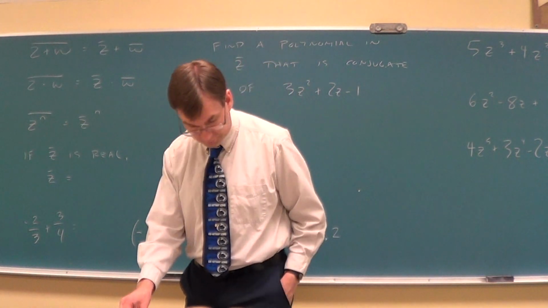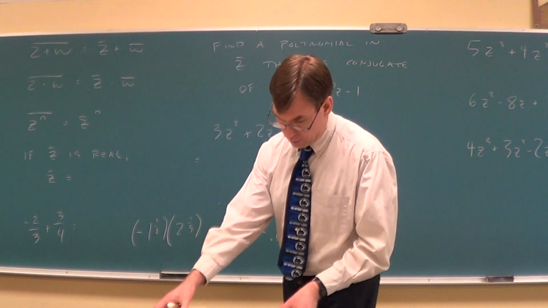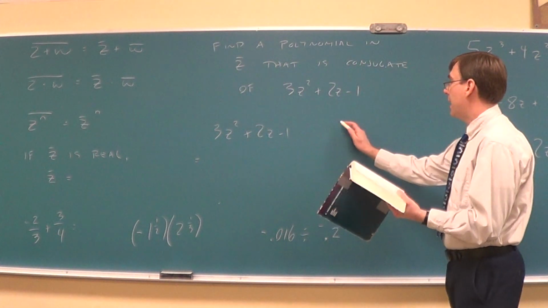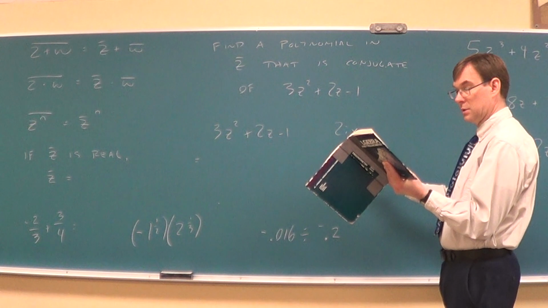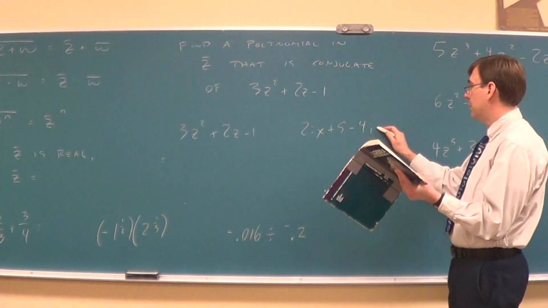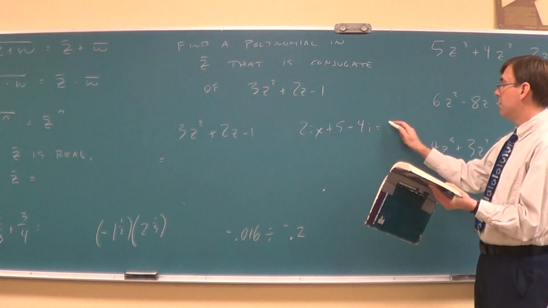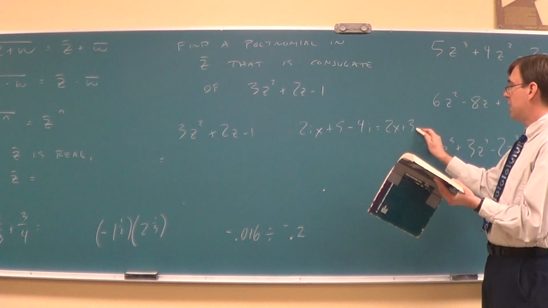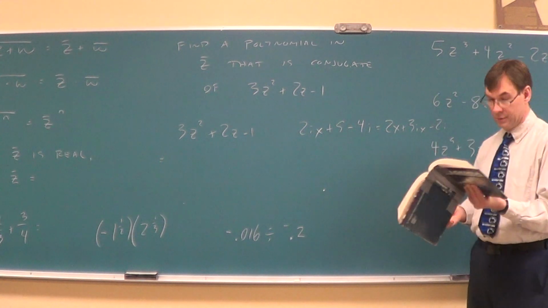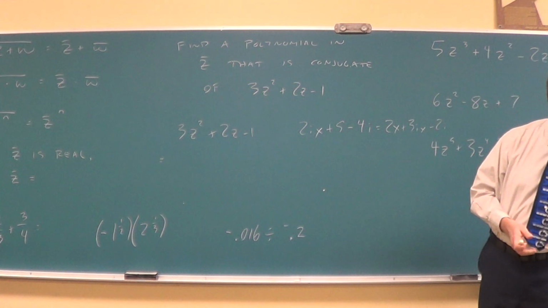21 hang up? And so 21, I've got 2ix plus a 5 minus a 4i equals, distribute, 2x plus 3ix minus 2i. Good on that.